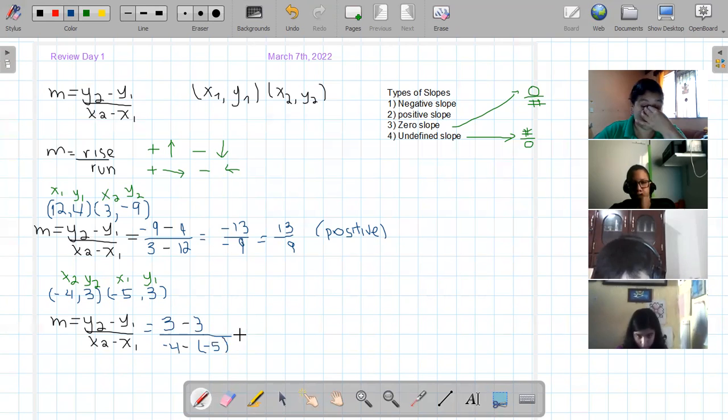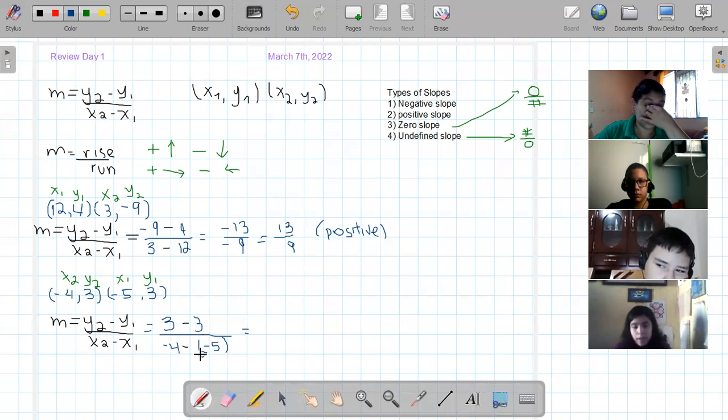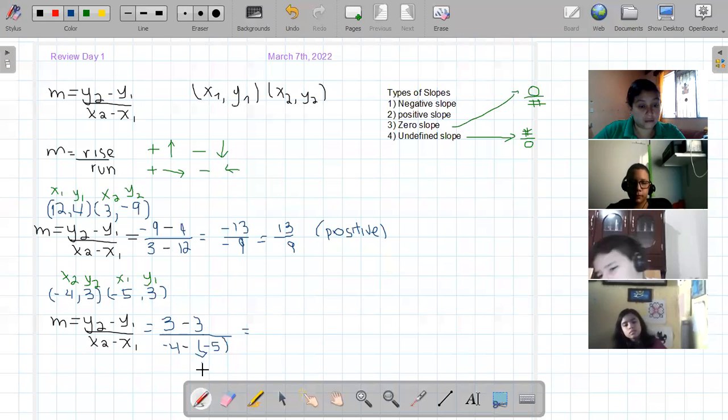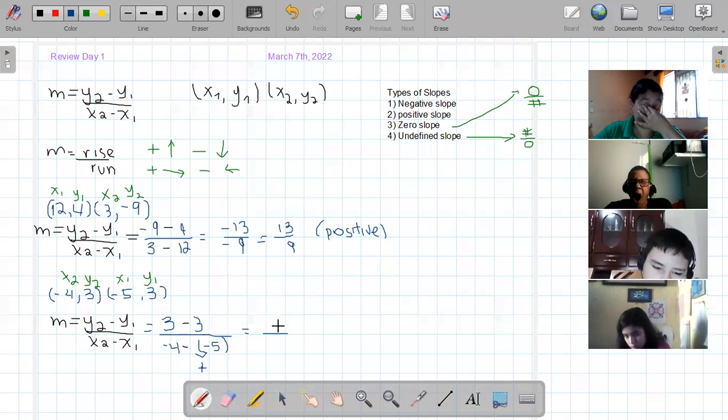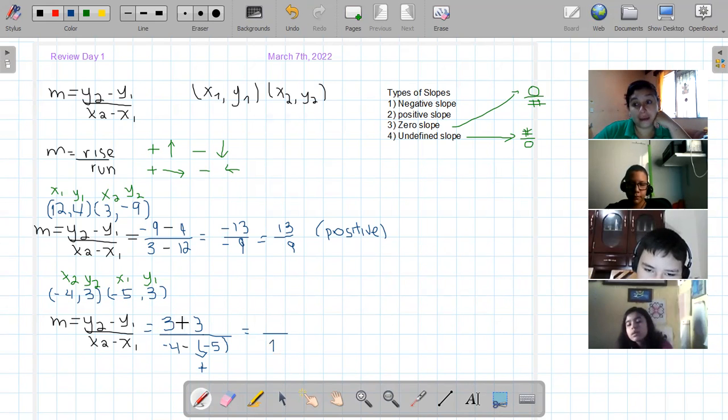Because it's a negative number. We go ahead and simplify. I'm going to multiply negative times negative, positive. So -4 plus 5, positive 1. And 3 minus 3.